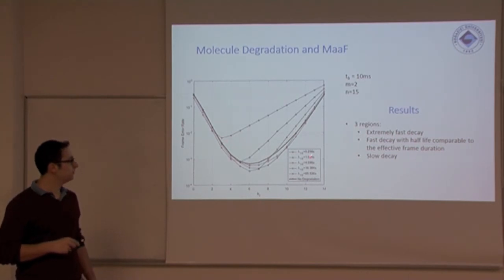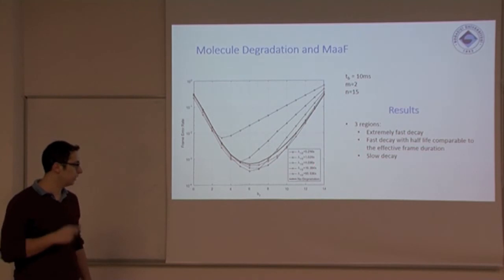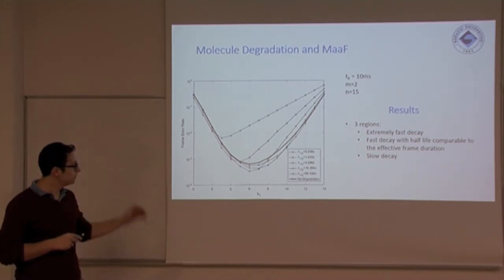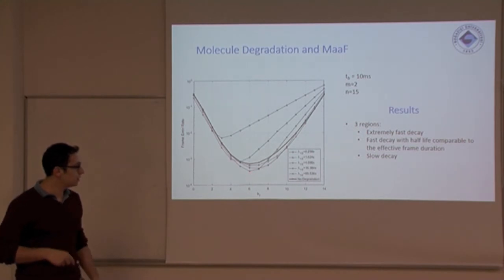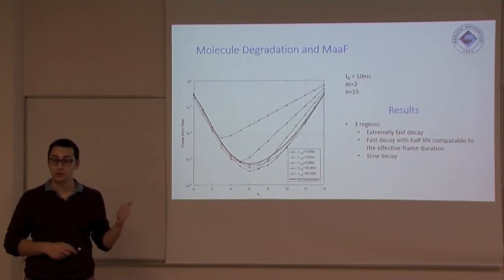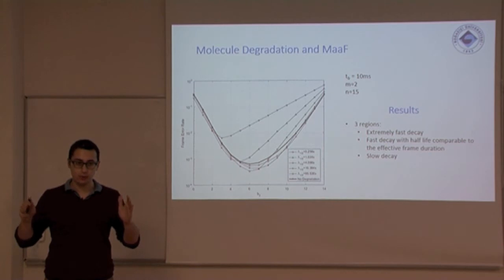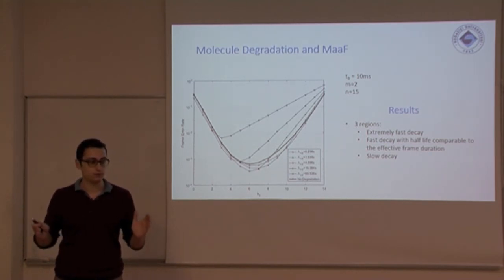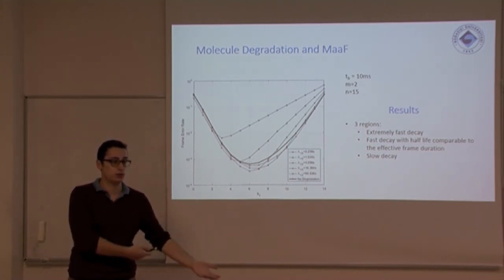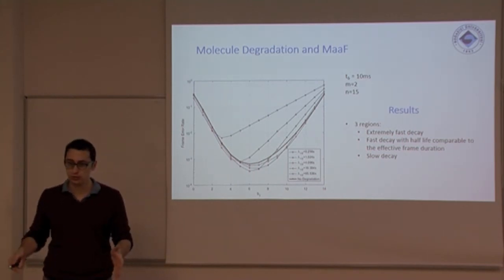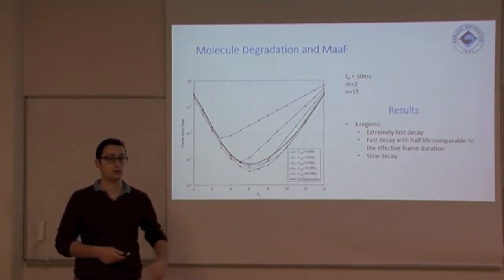After the extreme case, if we start to increase the half-life of the molecules, this is the curve corresponding to a 1 second half-life. It starts to go a little bit lower. And the 4-second curve is actually even better than no degradation, because when the degradation profile acts on the interferer molecules more than on your own molecules, it kills off intersymbol interference even more.